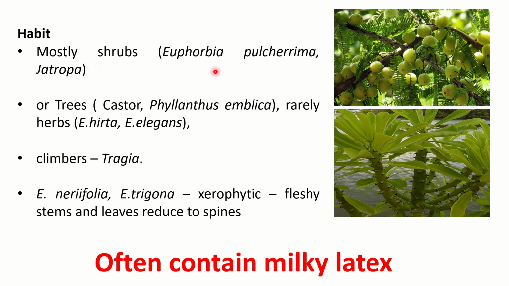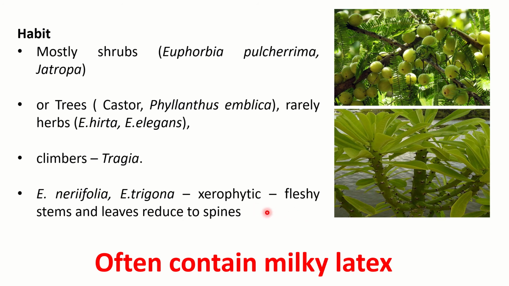The shrubs are Euphorbia pulcherrima, Jatropha. Trees are castor, Phyllanthus, and herbaceous species are Euphorbia hirta, Euphorbia elegans. These are herbaceous in nature. Climber species is Tragia. These are some of the examples of xerophytic species found in Euphorbiaceae family.